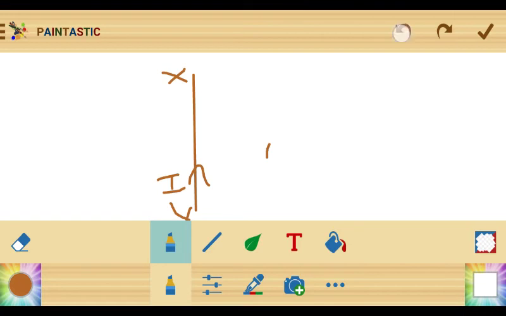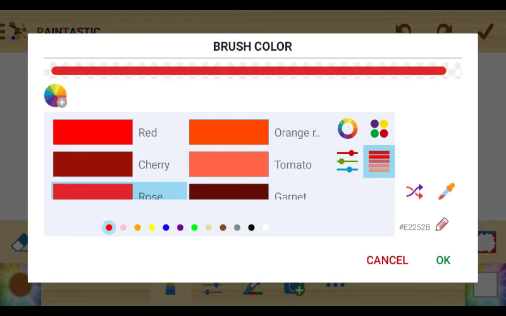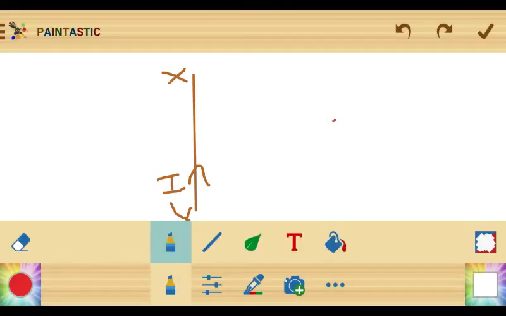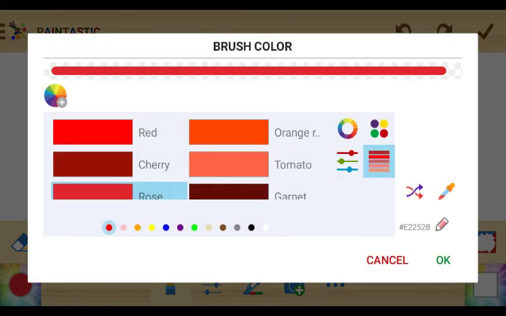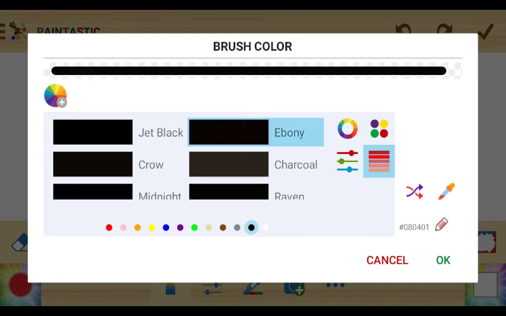Now let us choose a point P. I use another pen. Here is point P, where we have to find the magnetic field due to this straight conductor.